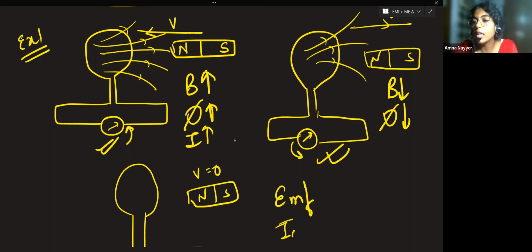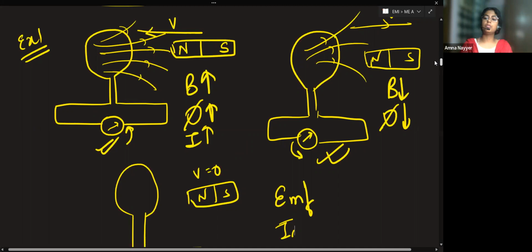It means EMF that is generated because of change in flux. Magnetic field increased, flux increased, induced EMF got present in the circuit. Magnetic field decreased, flux decreased, still EMF got induced in the circuit. This showed that it's not the increment or decrement precisely, it's just the change in magnetic flux.